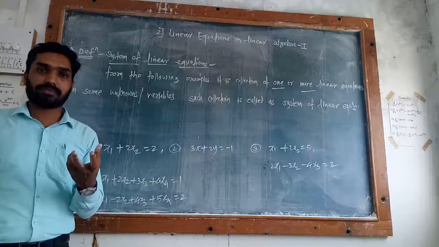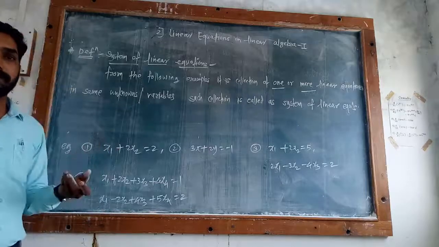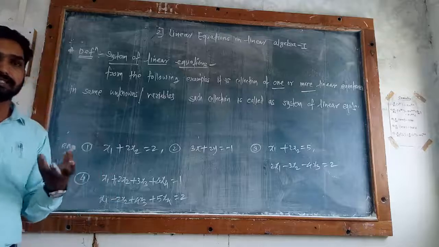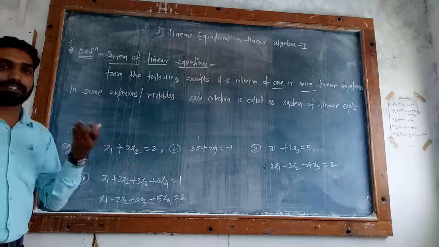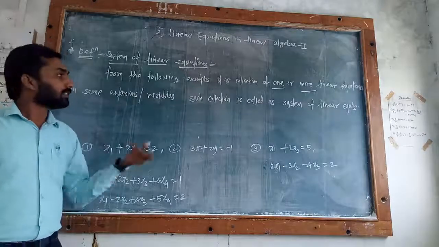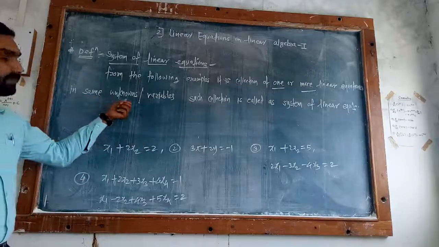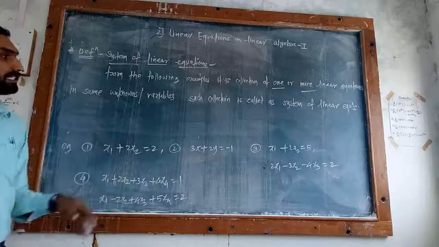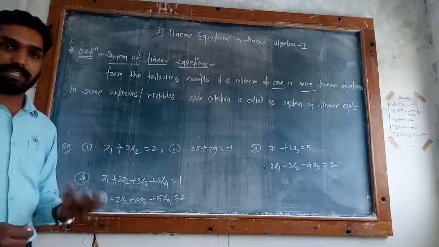It is the collection of one or more linear equations in the same unknowns. In those linear equations there are the same unknowns. Such a collection is called a system of linear equations.